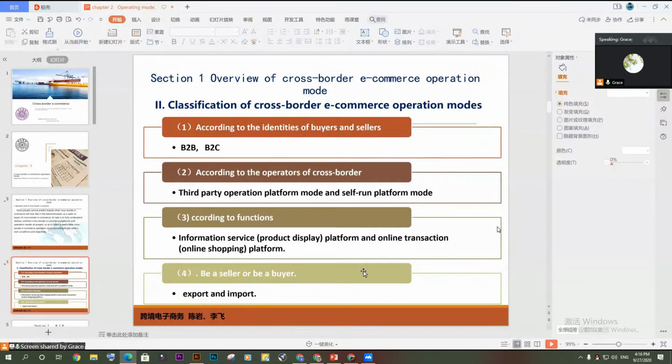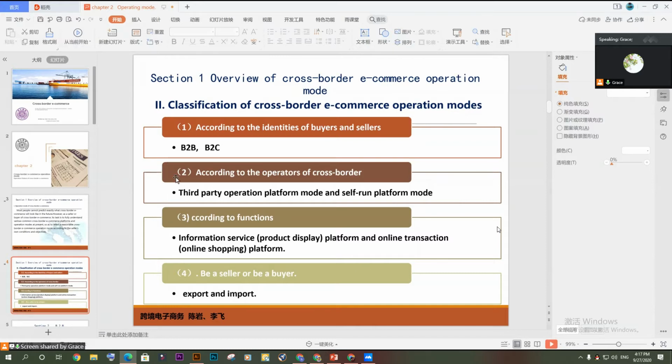You guys already know what it means. B2B is business to business, and B2C is business to customers. We will discuss it later, something about the operation modes in B2B and B2C. So this is the first one.